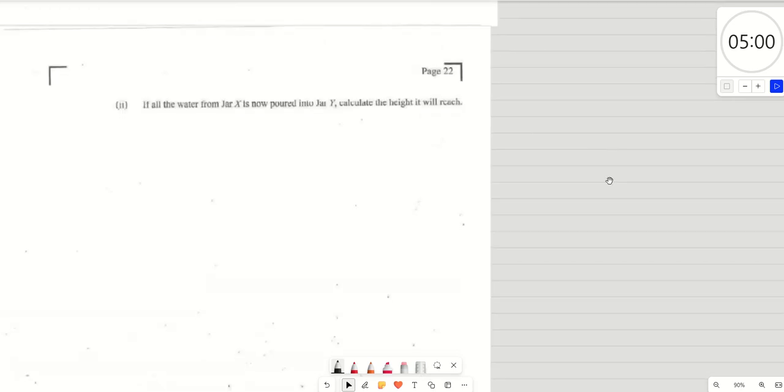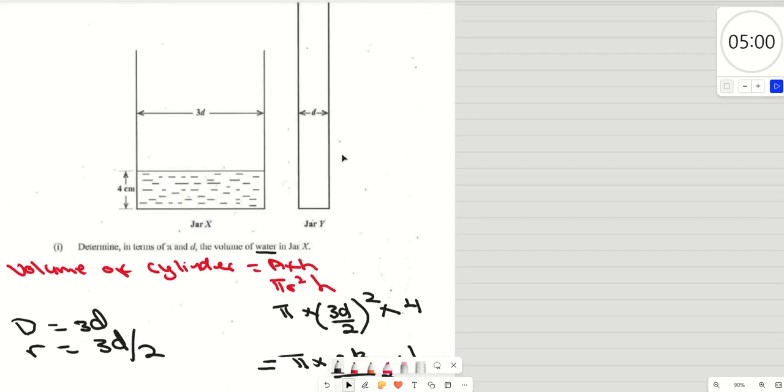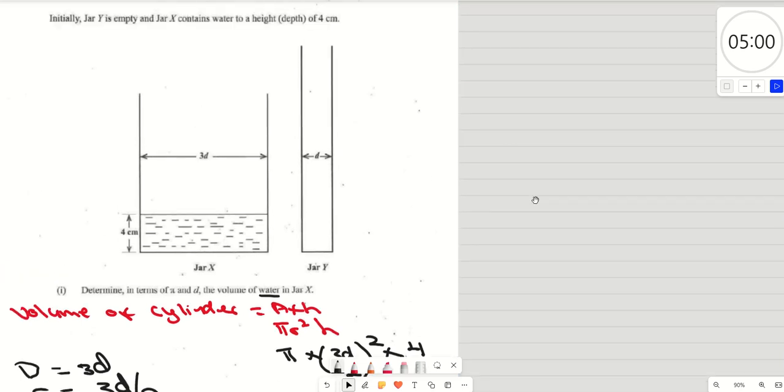So this would be the answer for part 1. Part 2: if all the water from jar X is now poured into jar Y, calculate the height it will reach. So you're taking this volume and putting it into jar Y. So the volume of jar Y is equal to pi, and radius is diameter over 2.